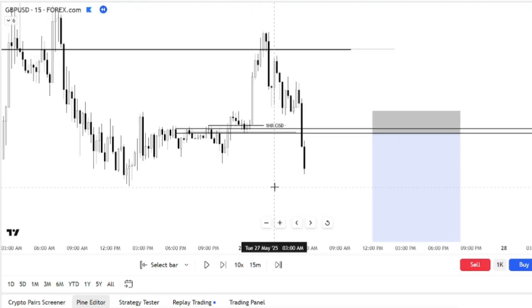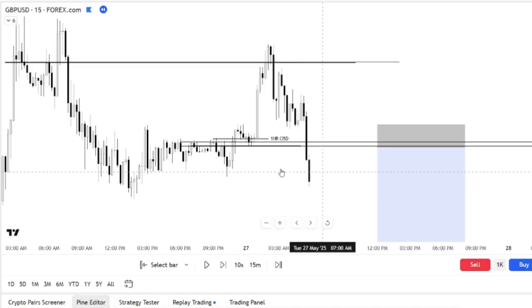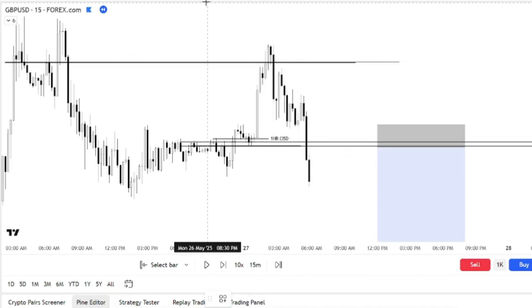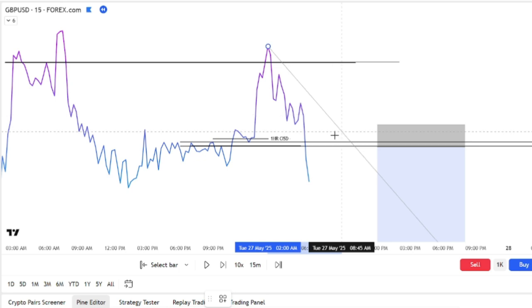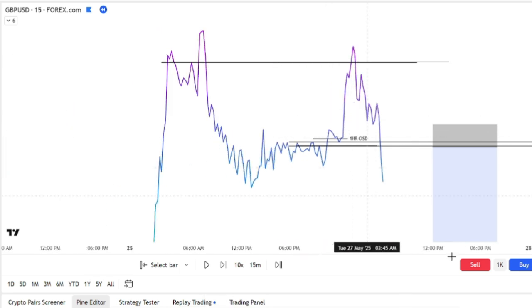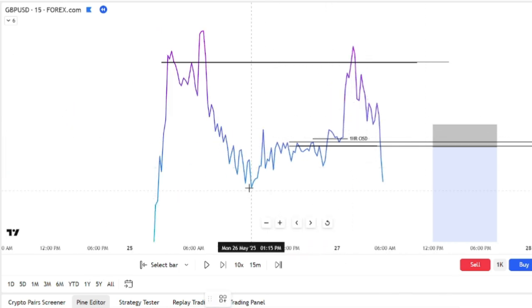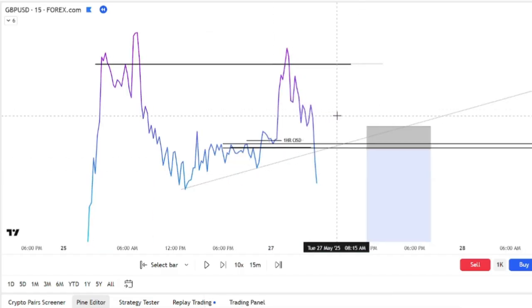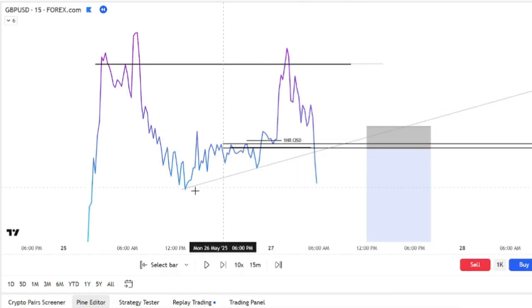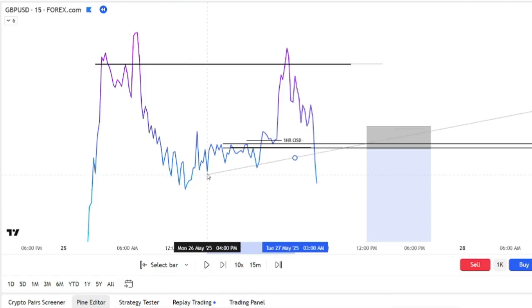Another thing we could do is look for trend line confirmations. Of course, those are just confluences. As you can see, there is no valid trend line there that we can use. There is none here. Of course, we had one here that is a little bit close, but for me that wouldn't be enough.